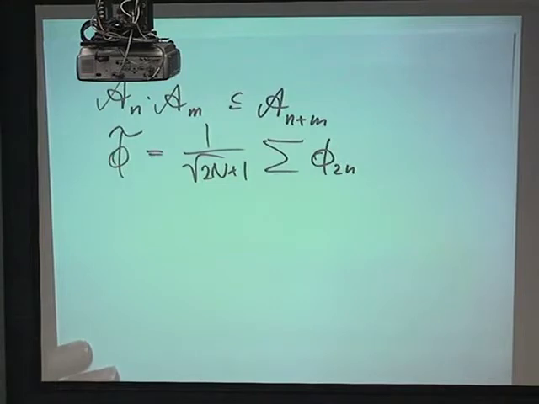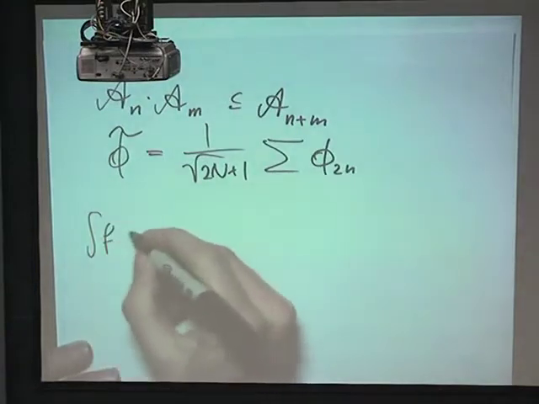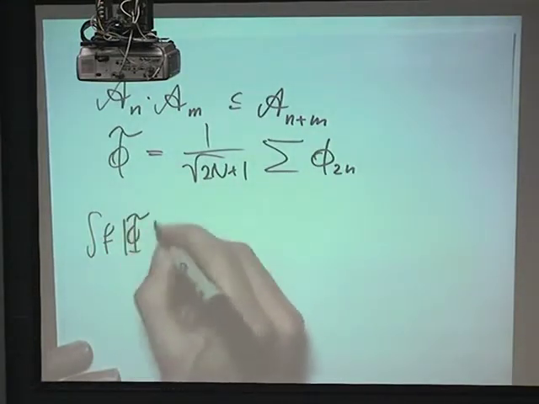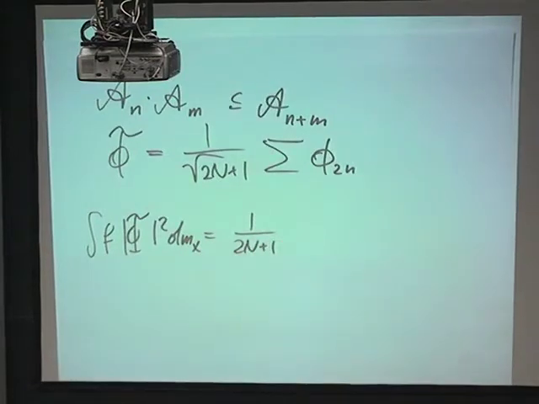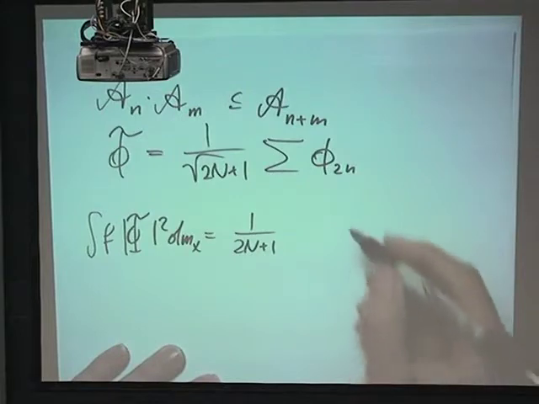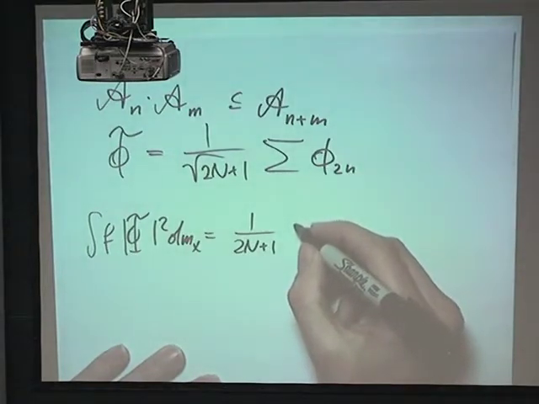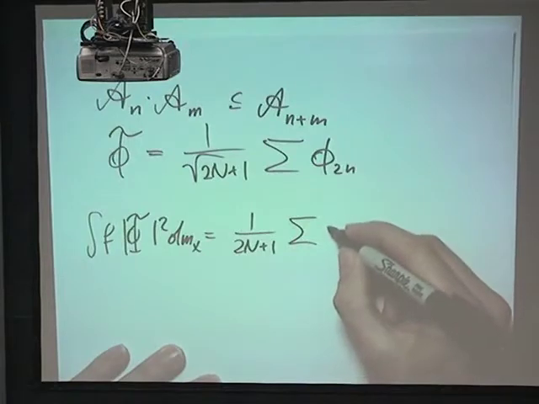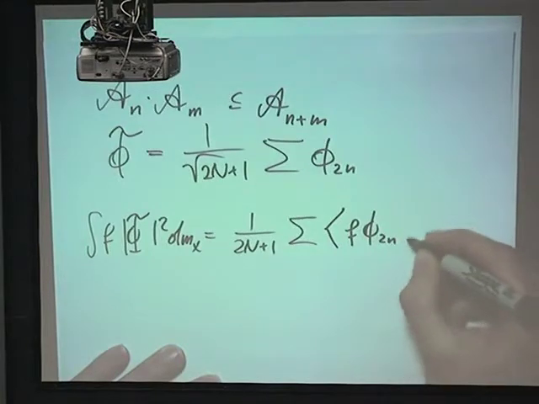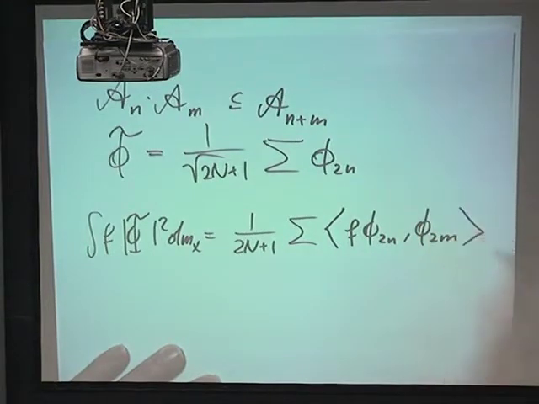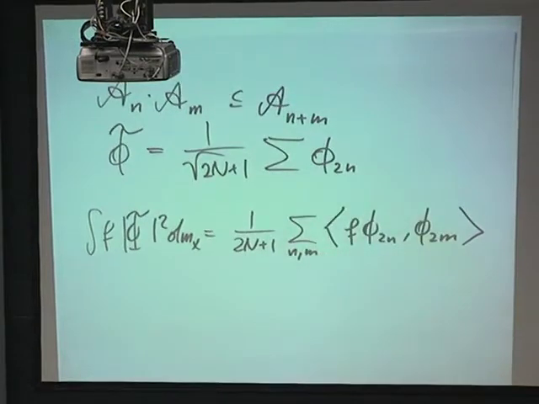So when I do the phi twiggle squared, I get a 1 over 2n plus 1, okay, because I have the square of what I have up there, and then I have the sum of the inner products of f phi 2n, phi 2m, and m over the appropriate range from minus n to n.